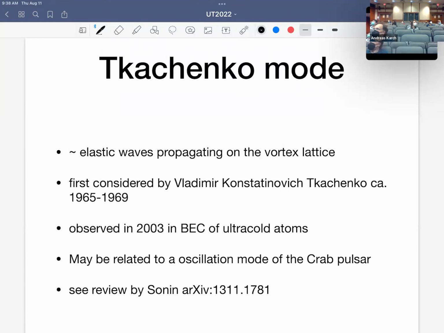Okay, the Kachenko mode is the elastic wave that propagates on this lattice of vortices. So this lattice of vortices is very similar to a crystal in solid state. And so when we allow the position of each of the vortices to fluctuate, we should expect some kind of sound wave that propagates.